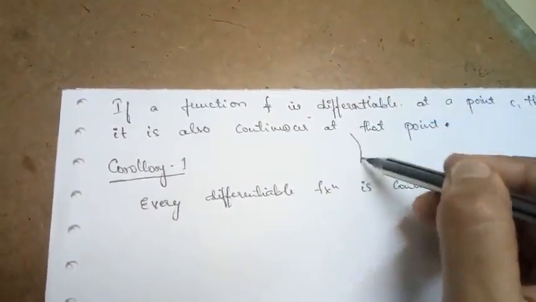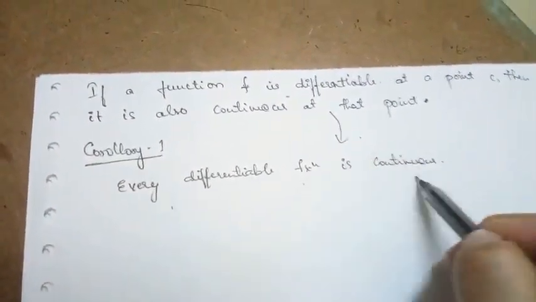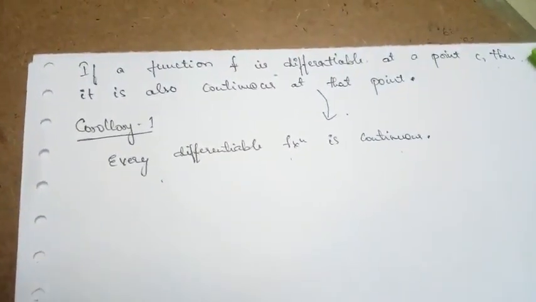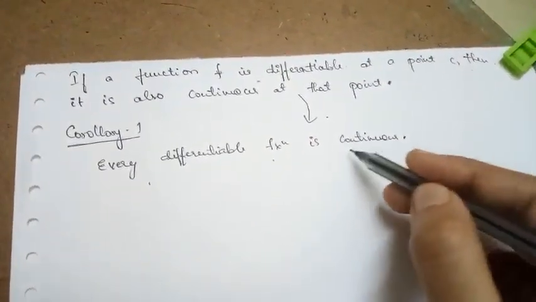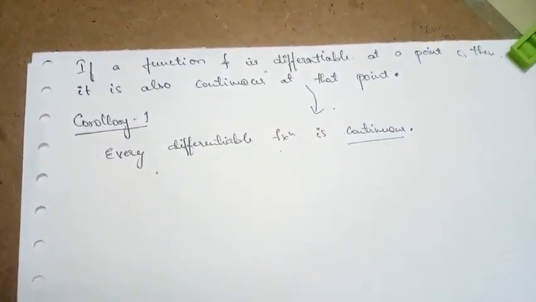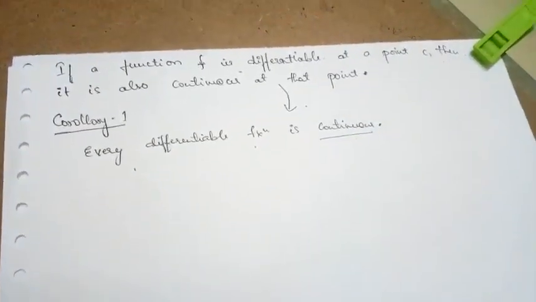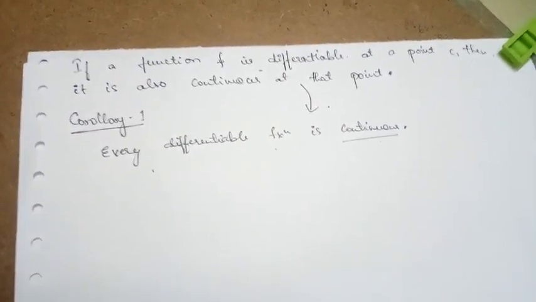Through this theorem we can give a corollary, that is, every differentiable function is continuous. That means if you consider any differentiable function, then by closing your eyes you can say that the function is continuous. Suppose in a question, by looking at the function itself you can say that it is a differentiable function.